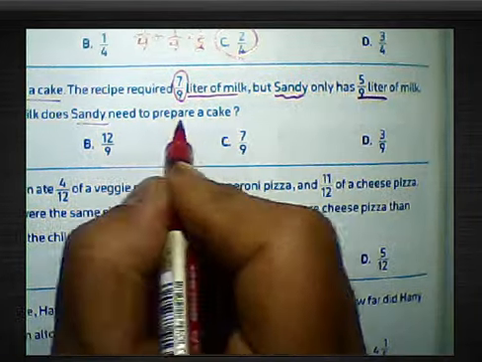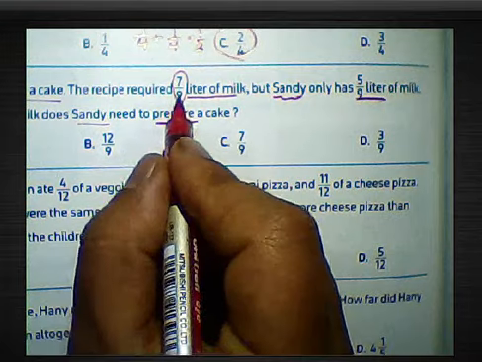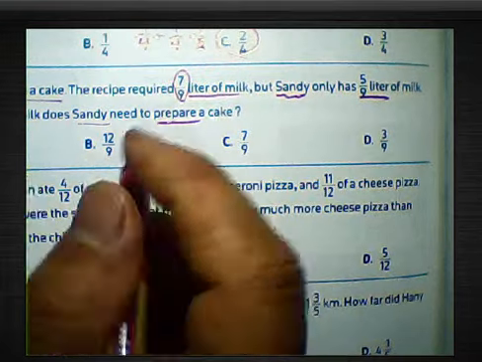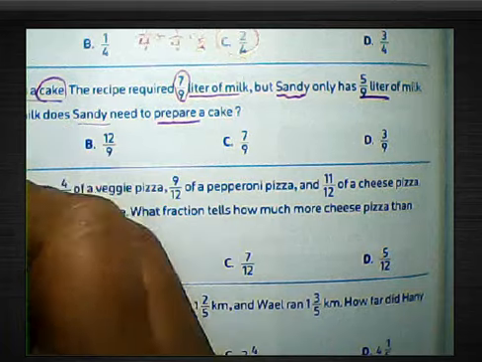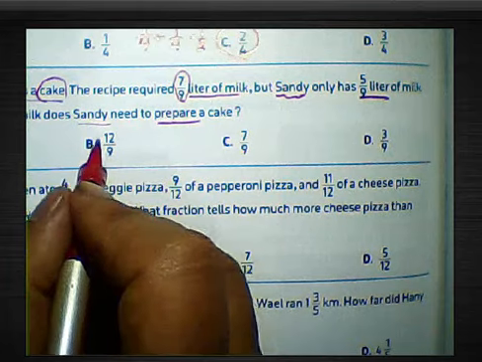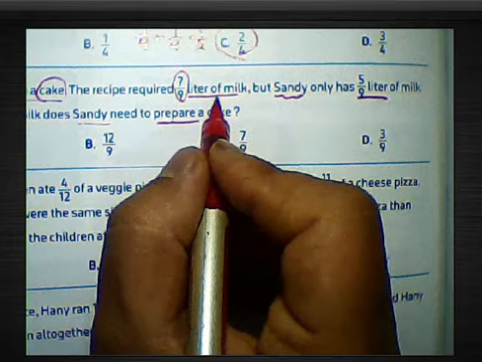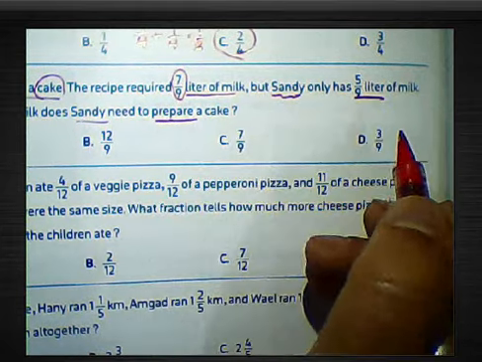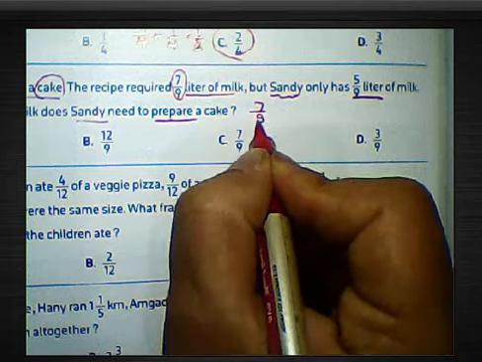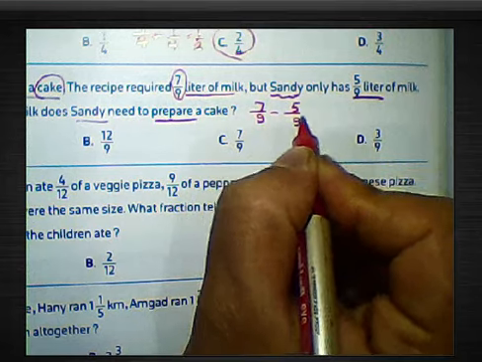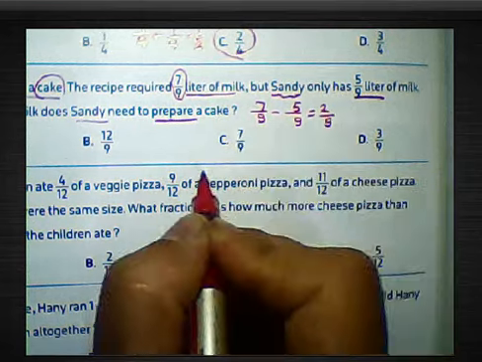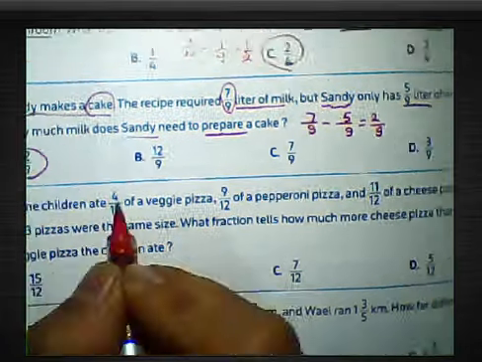How much more does Sandy need to prepare the cake? So we can find the difference between them. 7/9 subtract 5/9. The result will be 2/9. Choose letter E.